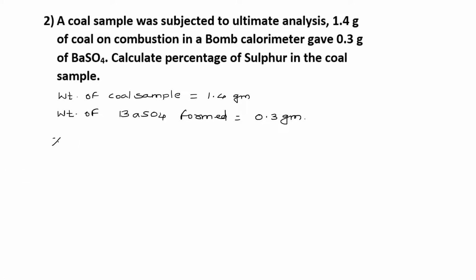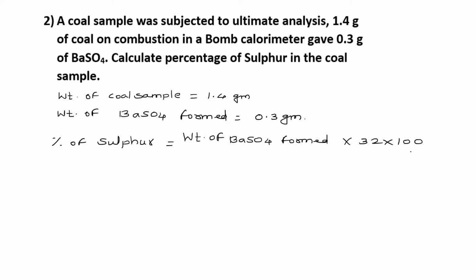Our formula for the calculation of percentage of sulfur is weight of barium sulfate formed into 32 into 100 upon weight of coal sample into 233.